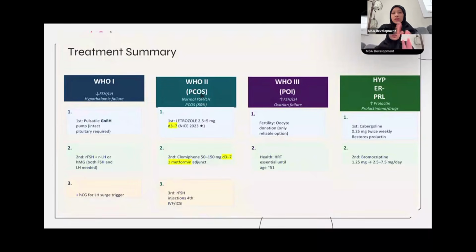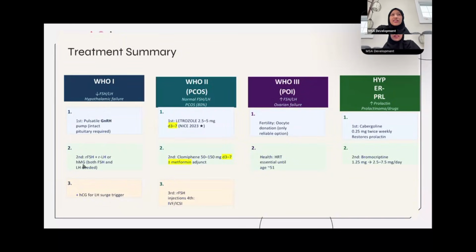Okay, so treatment. This is the most important slide for the pharma lecture. So, WHO class 1? We said we want to treat the problem, so we give pulsatile GnRH. Then second line is you can give FSH and LH directly if that doesn't work, so the anterior pituitary hormones, and or HMG.